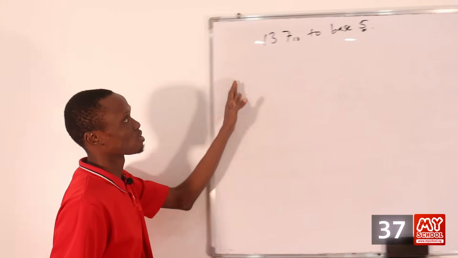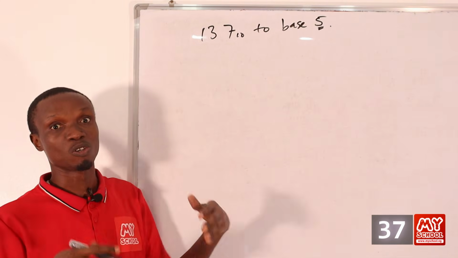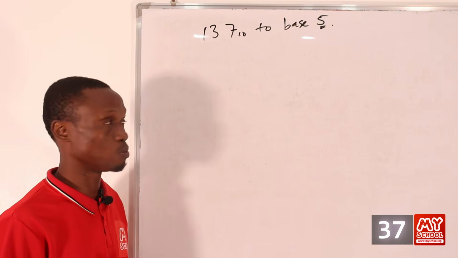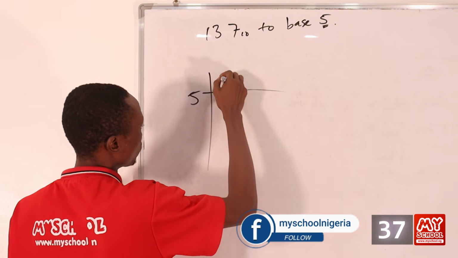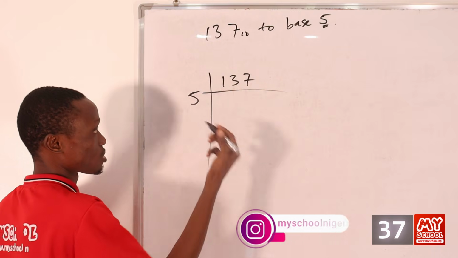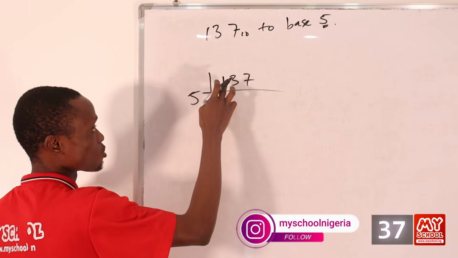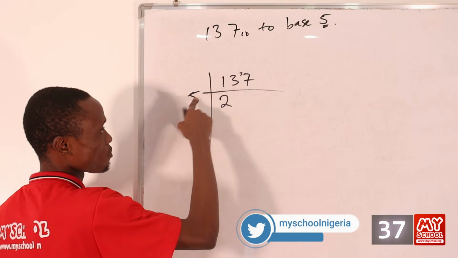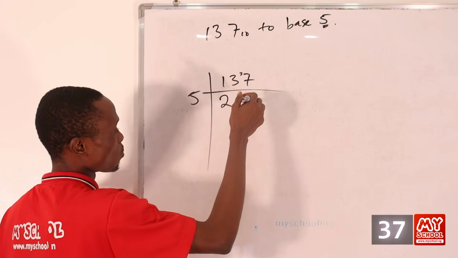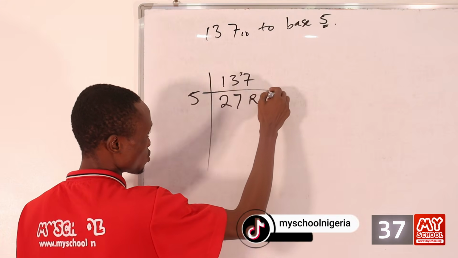If you are converting from base 10 to any other base, you simply use the successive division method. So here we're having 5, and here we will have 137. So we just keep dividing. 5 into 13, that will be 2 remainder 3. So we'll put the 3 here. 5 into 37, that will be 7 remainder 2.